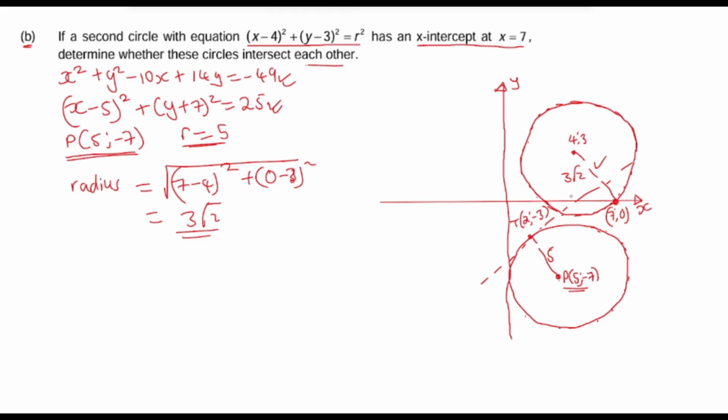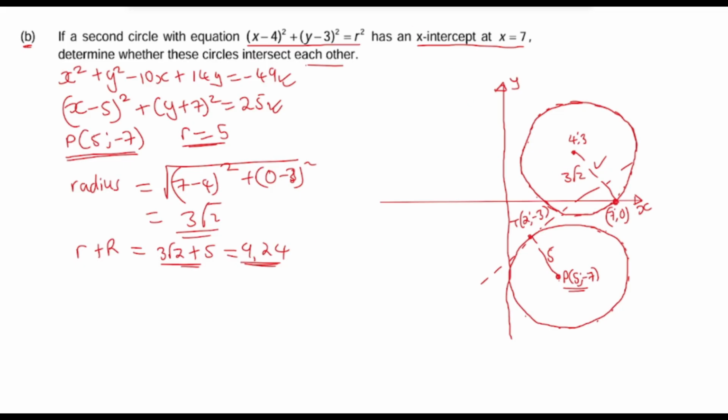And then let's find the total length of the two radii. It's going to be small r plus bigger R, which is 3 root 2 plus 5. We get 5 plus 3 root 2, which is roughly 9.24 in 2 decimal places. So this is the sum of the two radii.